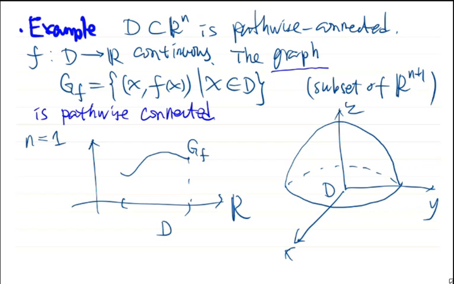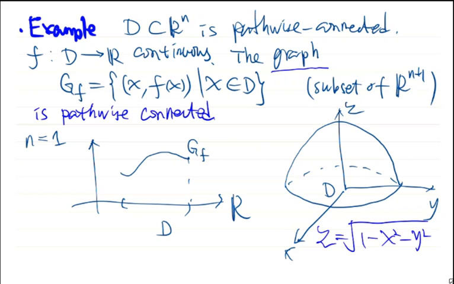For example, the upper half sphere is the graph of the function z equals the square root of 1 minus x squared minus y squared. I believe you know this from analytic geometry.